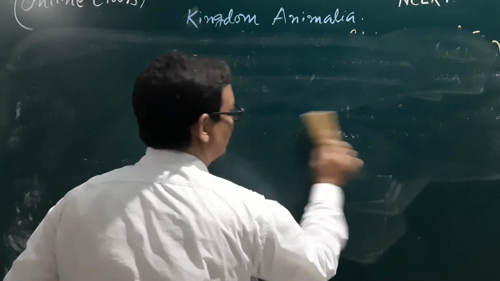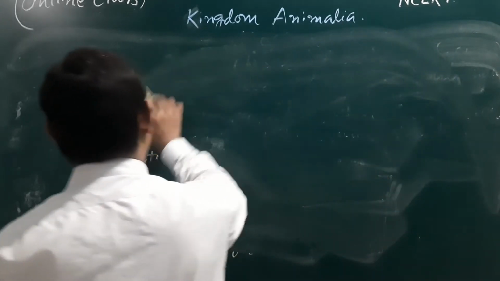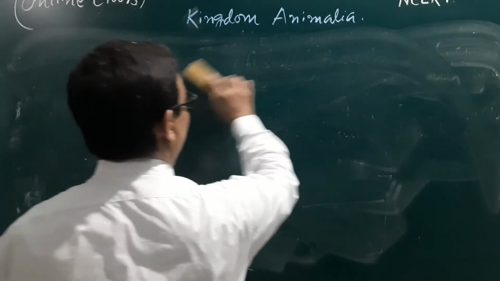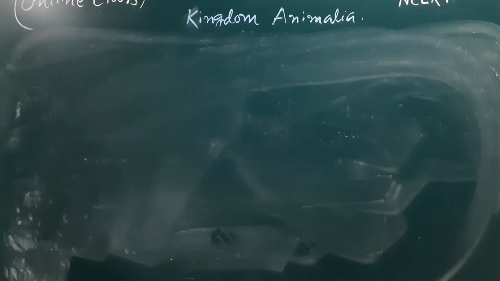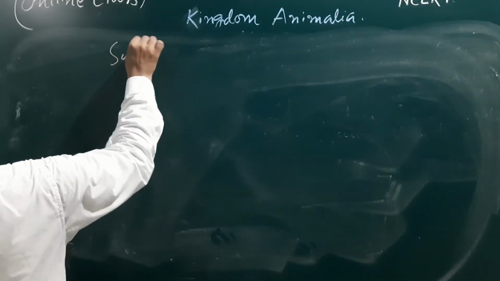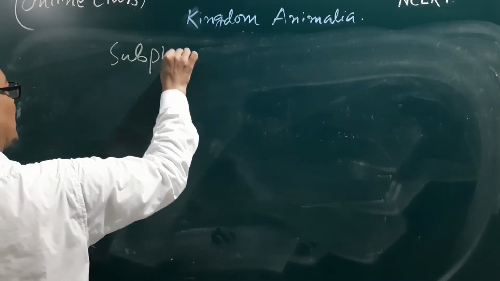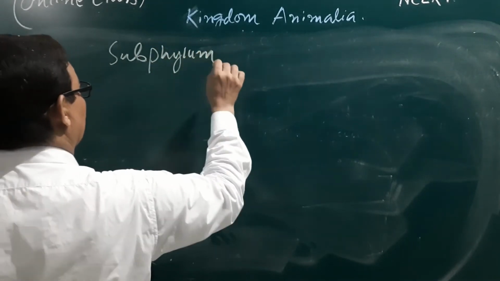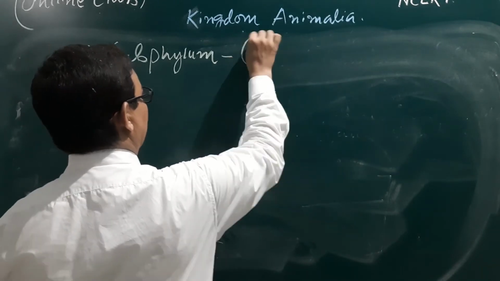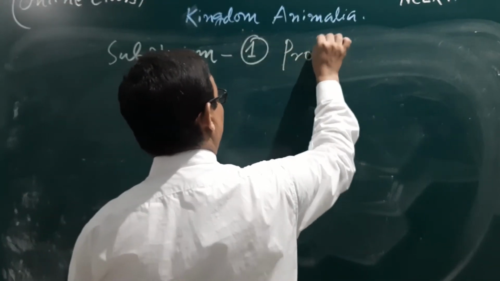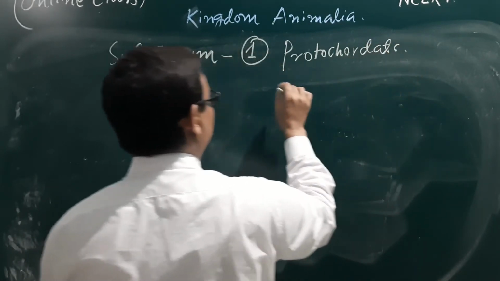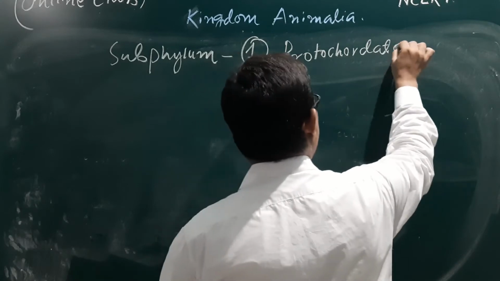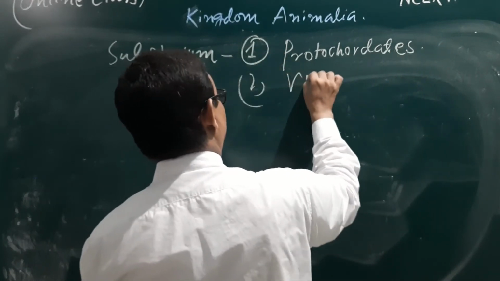Now, as we have seen in the classification of the phylum Chordata, there are 2 subphylum: subphylum 1, the Protochordata, and subphylum 2, the vertebrates.